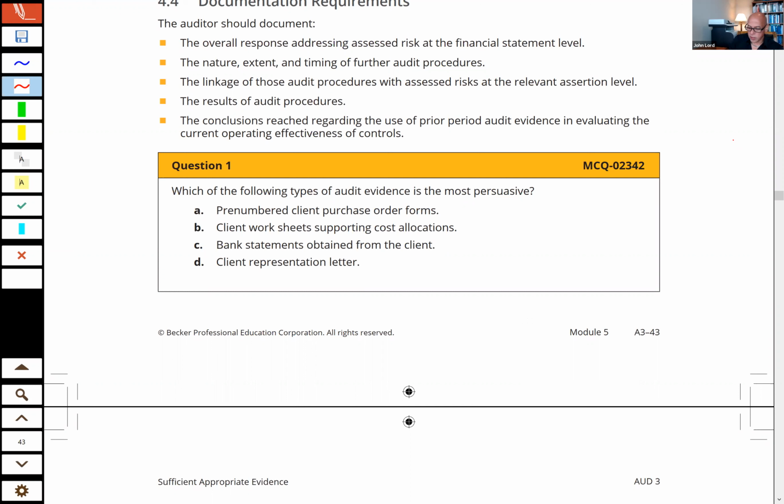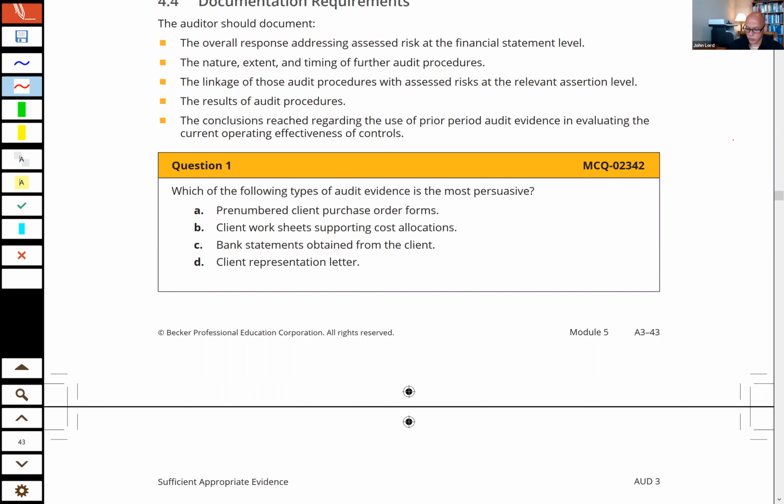If you were sitting there confused, maybe you say, well, are they talking about the client's purchase order form, or the client's customer's purchase order form? But then you think, why would the auditor receive such a document directly from the client's customer? And the answer is you wouldn't.